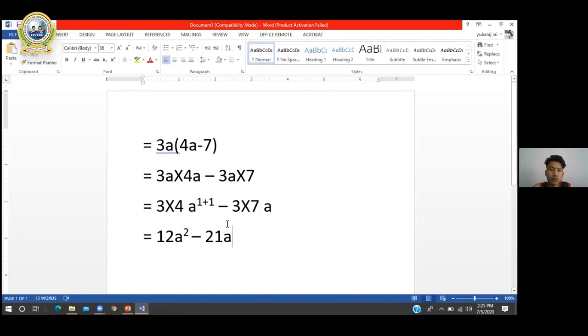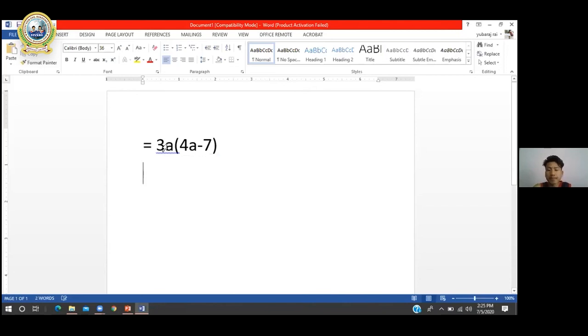So if we have minus 3ab into 4a square plus 3ab into 5b. Okay, so Diksha Gimire, can I please talk to you? Yes, sir. Can you please tell me what to write in the first step?